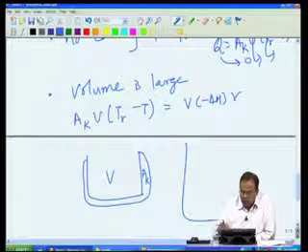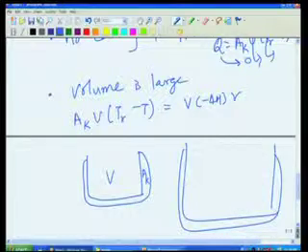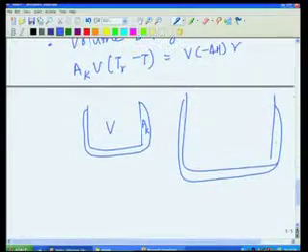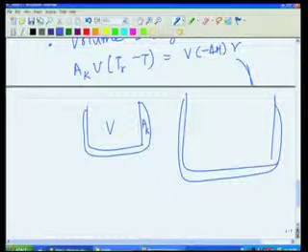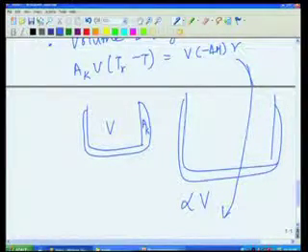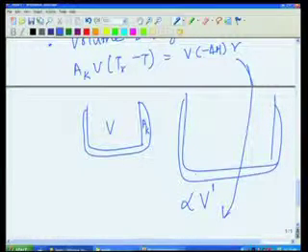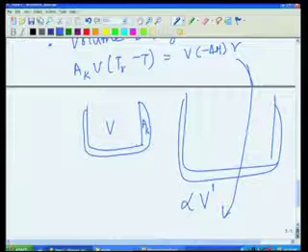Now, I increase my volume. I increase my volume, what happens in my reactor system? My generation rate over here is proportional to volume raised to power 1. But what about AK?